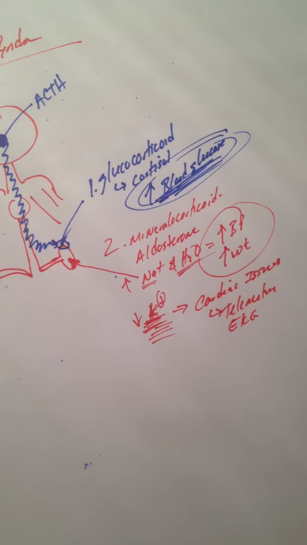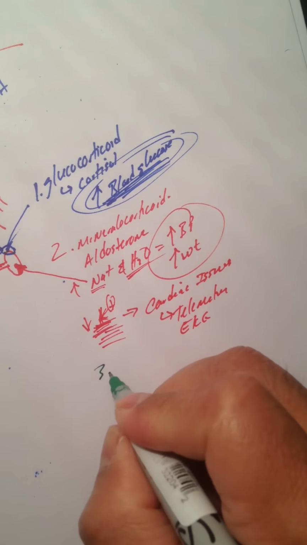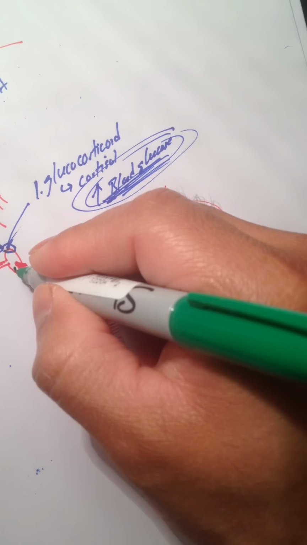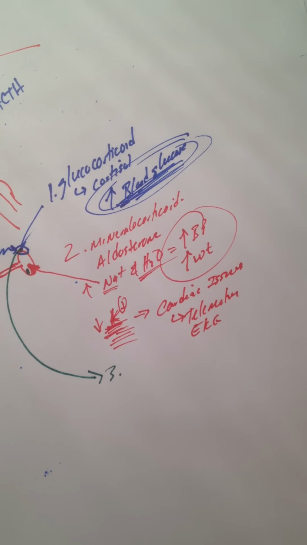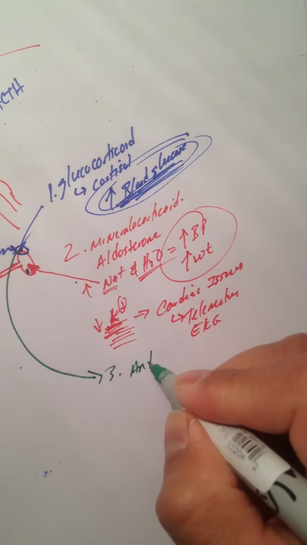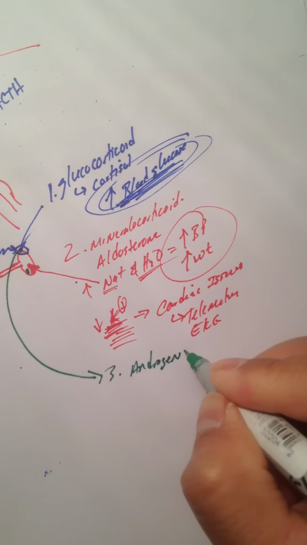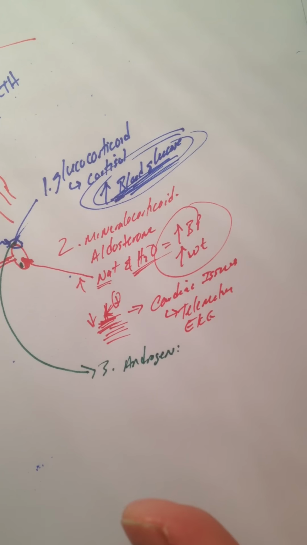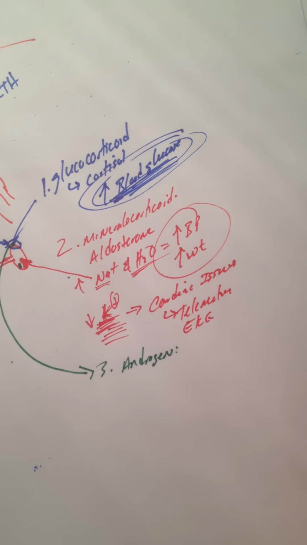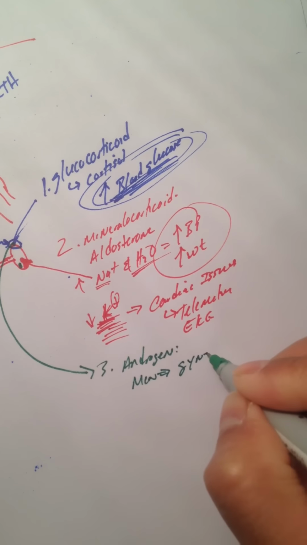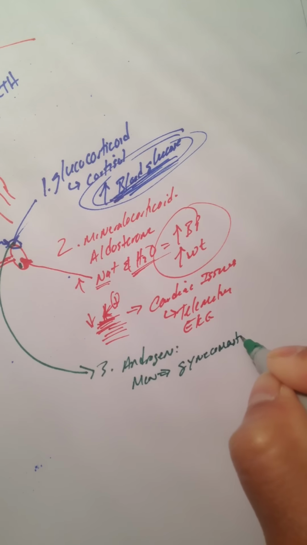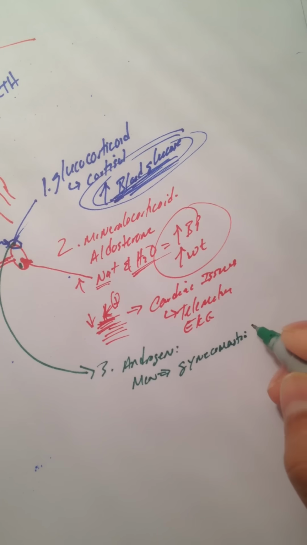Number three, the other thing that the adrenal glands will produce are the androgens, your sex hormones. Now these will affect men and women in different ways. In men, they will cause gynecomastia, or increased breast size.